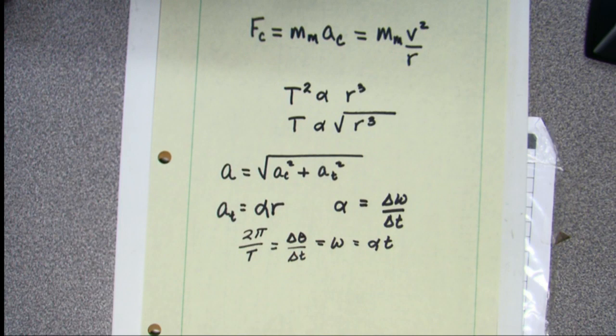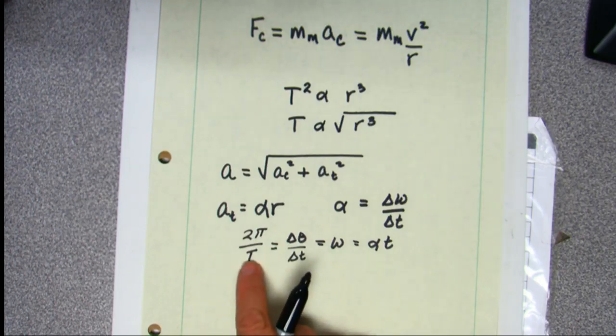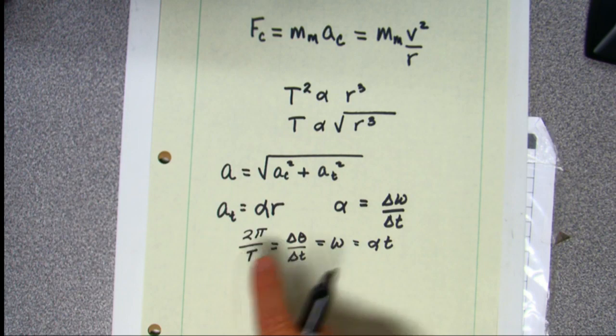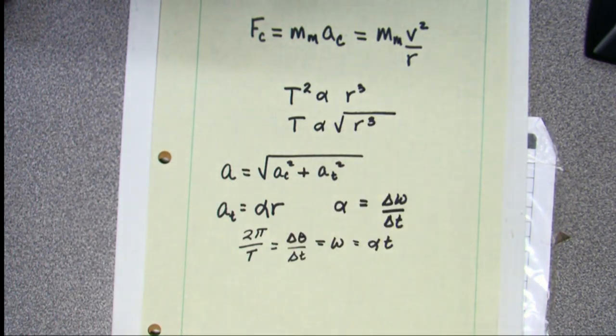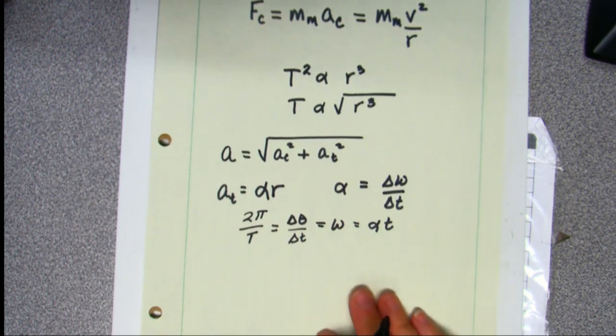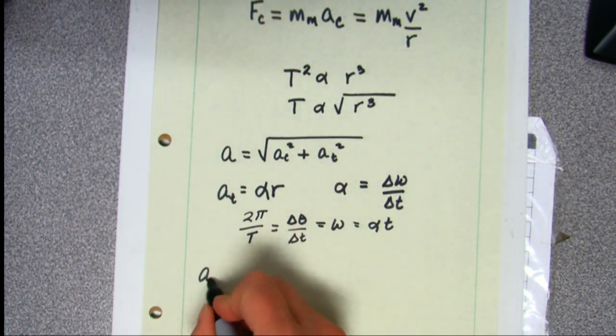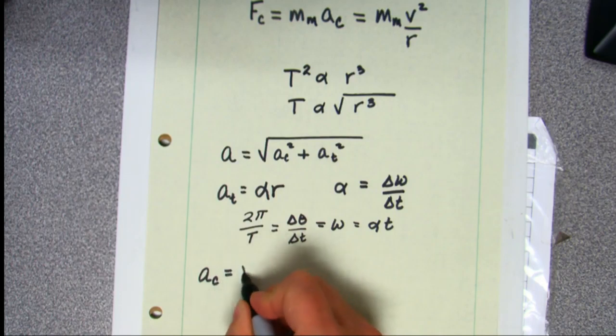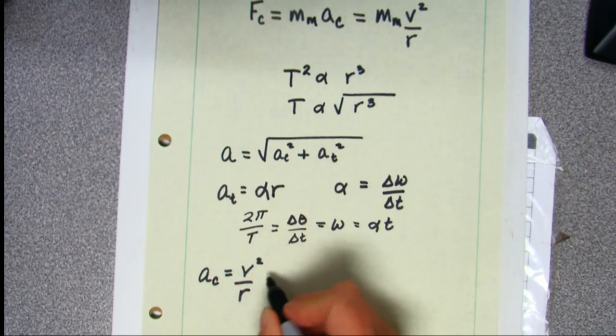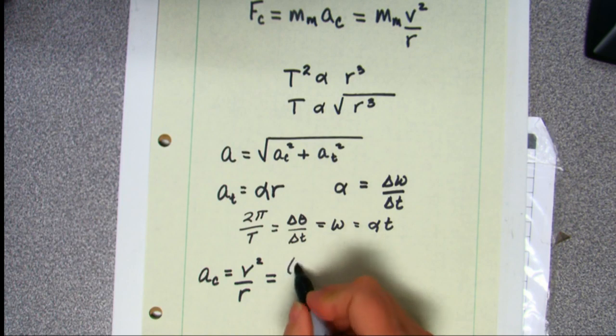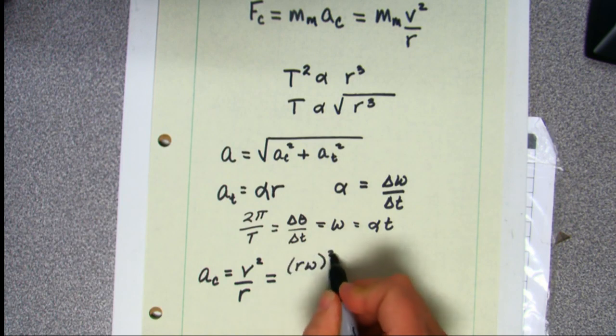Well, if I look at this a little differently, I know my period is proportional to the square root of r cubed. So that's going to be something that I'm going to come back in here. So I'm going to come back to this. So my centripetal acceleration is v squared over r. But we know v squared is this right here.